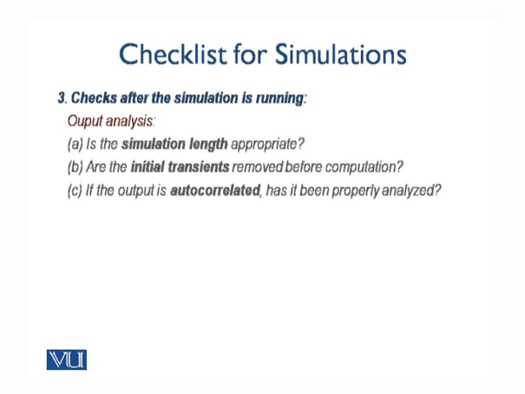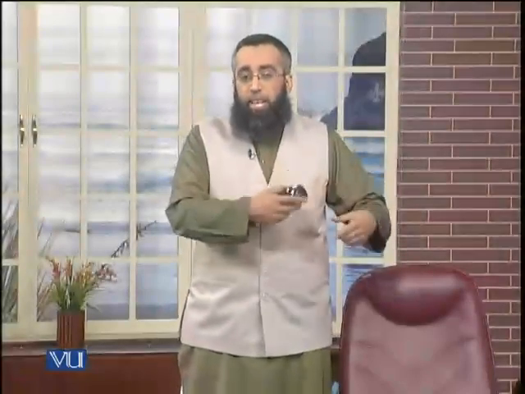Thirdly, and this is very typical in simulation studies, the output is autocorrelated. In other words, the successive observations that we have are dependent on each other. Typically, similar observations would follow, and therefore we have a correlation amongst the different observations that we make. So we cannot straight away apply the typical statistical methods that assume IID random variables. If you recall, IID random variables are independent and identically distributed.